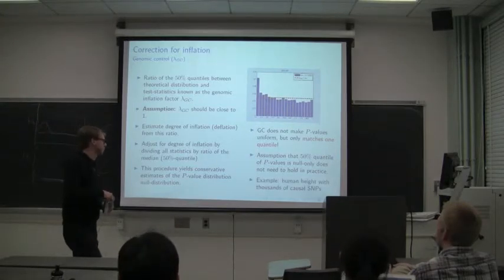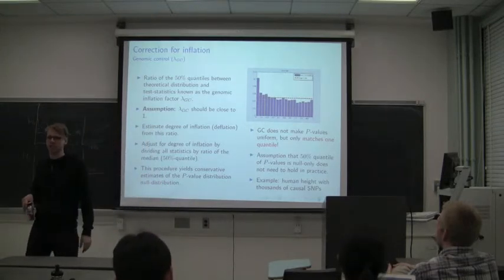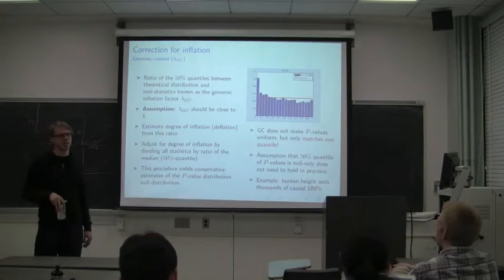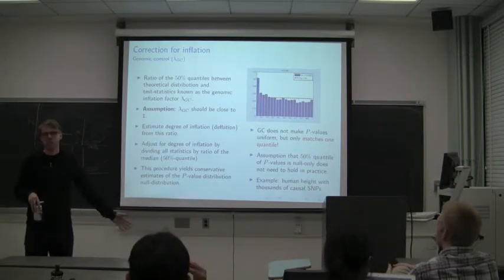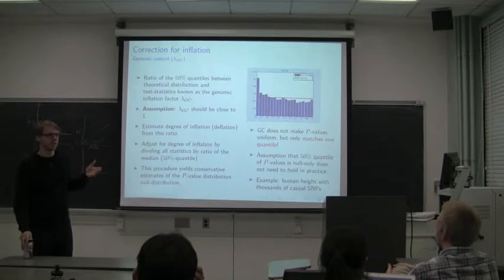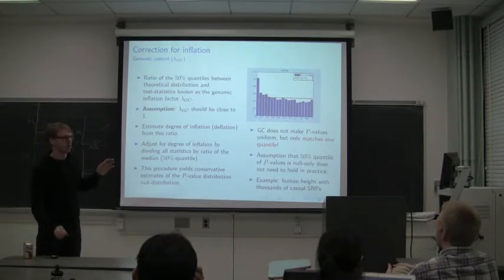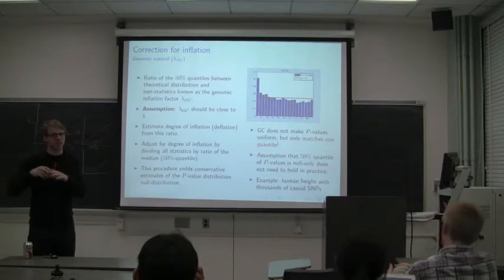In GWAS, currently there are many situations where this is actually the case. For example, if you have a phenotype like human height that is controlled by thousands of individual mutations, and you test all of them, you don't just observe a few thousand very small p-values.